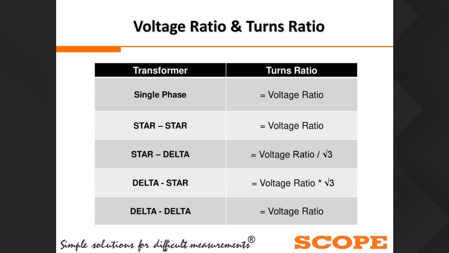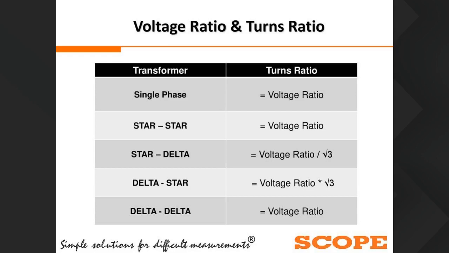So now we will see the relation and the formula to convert the voltage ratio into turns ratio. For single phase, the turns ratio is always equal to the voltage ratio. Also for three-phase transformers, if the connection is star-star, then the voltage ratio is equal to the turns ratio. If it is a star-delta transformer, then the turns ratio is equal to the voltage ratio divided by √3.